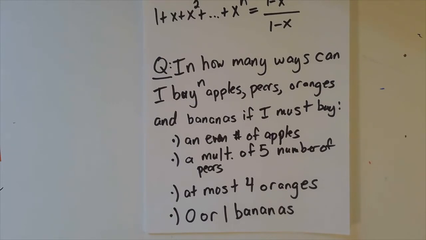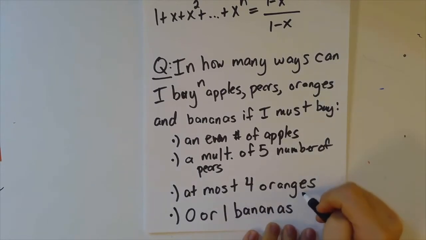But for inexplicable reasons, I'm only allowed to purchase an even number of apples. I'm only allowed to purchase a number of pears that's a multiple of 5. I can only have at most 4 oranges. And I'm only allowed to have 0 or 1 bananas. Okay. So I'll call the number of ways I can do this S of n.